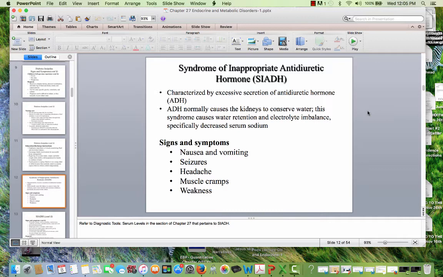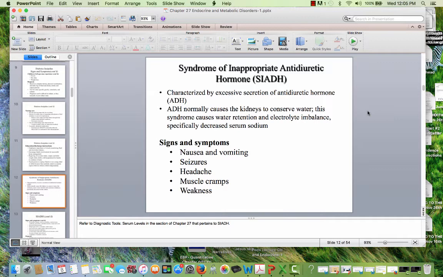This is what you'll tend to see in the clinical presentations, signs and symptoms. It's also called SIADH. It's very closely associated with children who have encountered infections of the central nervous system or intrathoracic disease, and it can also occur in post-operative patients as well.